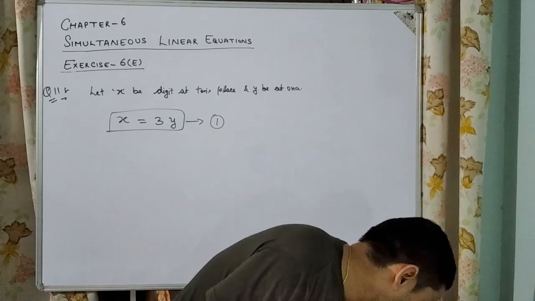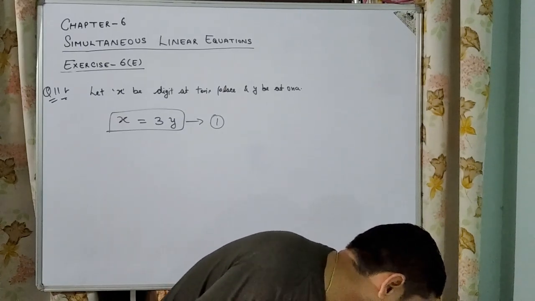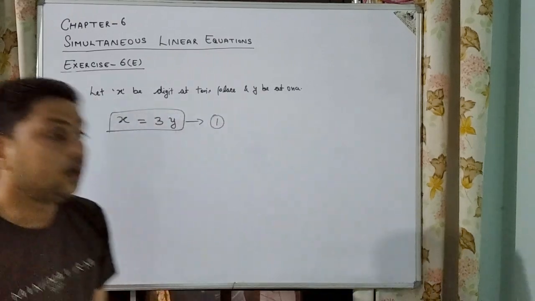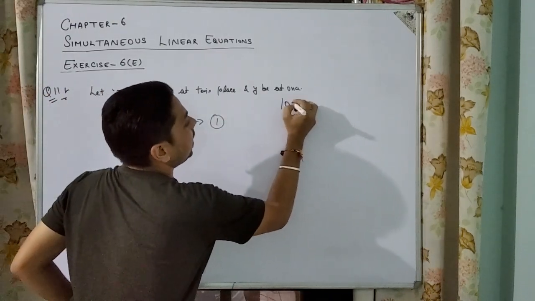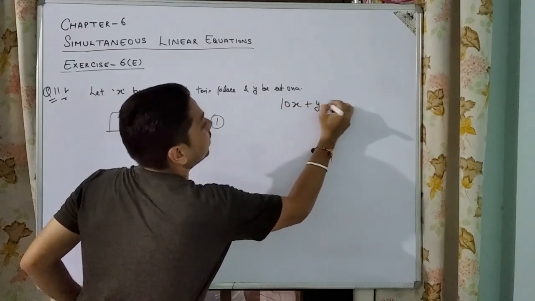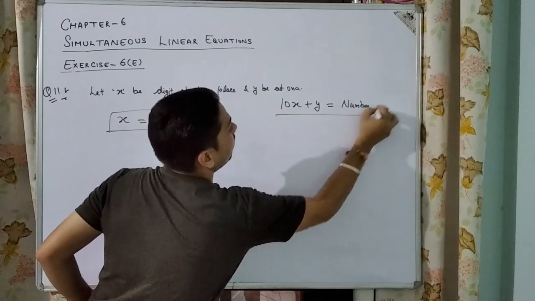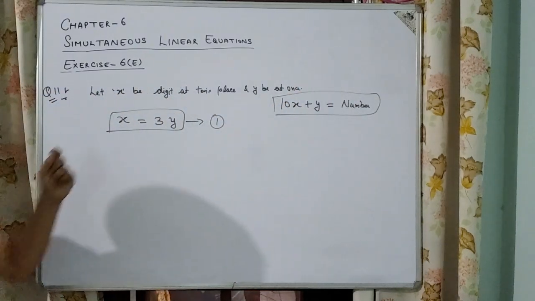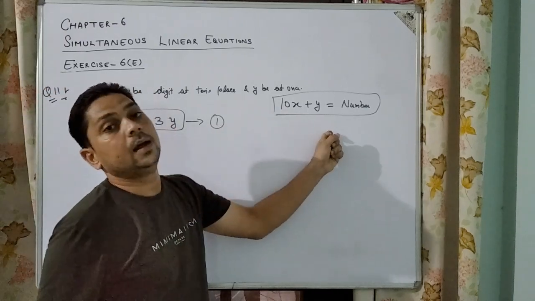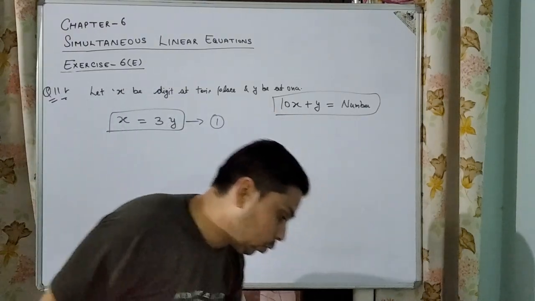Second, we have the sum of the number and the unit digit is 32. The general form of the number is 10x plus y. So the second condition is that the sum of the number and the digit at the unit place is equal to 32.